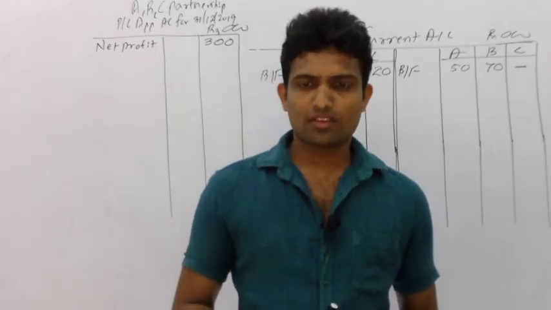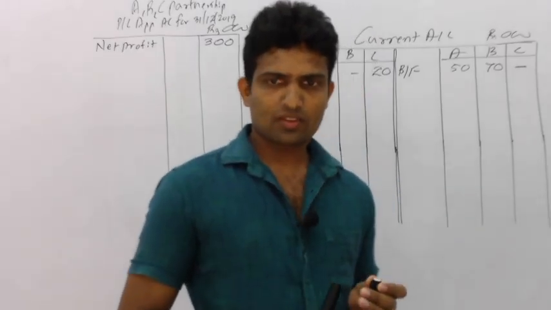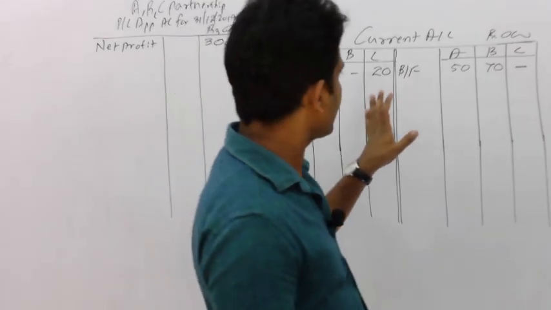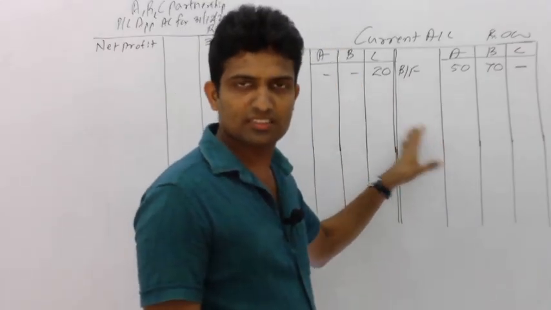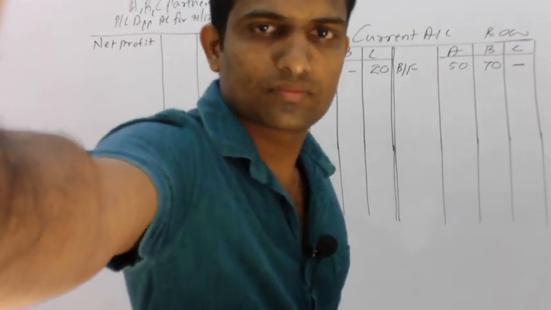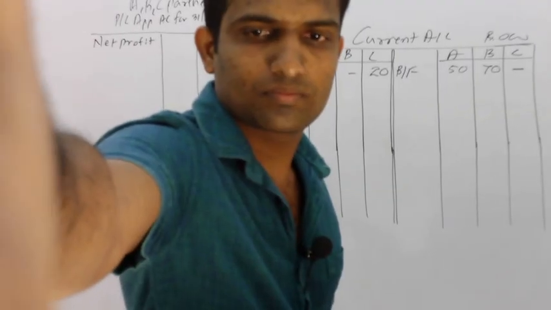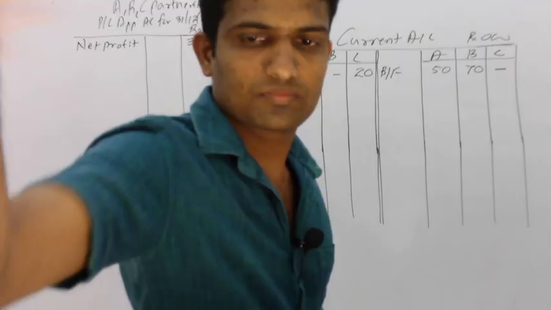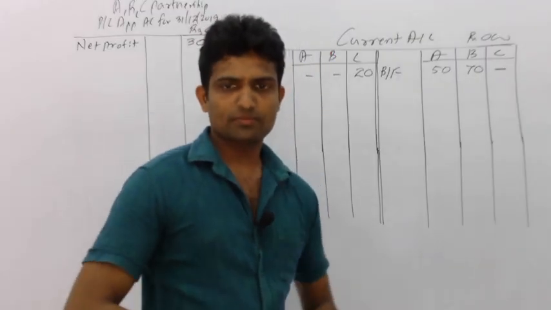Let's see. Now, if this is the appropriation account and if this is the current account of partners, understand those.